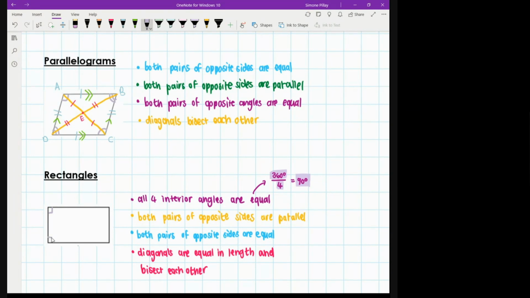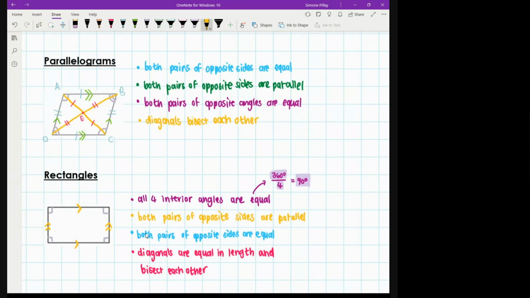I think that you guys would have known that already. In a rectangle, we have four 90-degree angles. Also in a rectangle, we have both pairs of opposite sides that are parallel, meaning this is my first pair of opposite sides and they are parallel, and this is my second pair of opposite sides and they are also parallel.